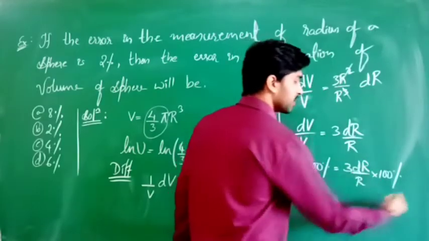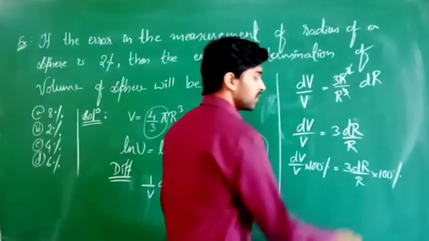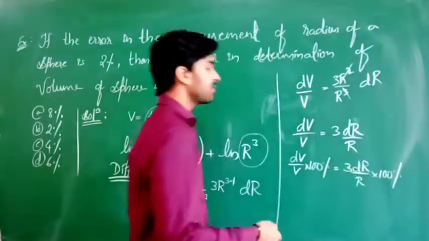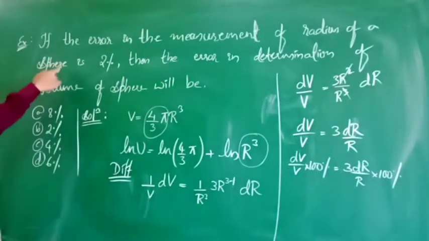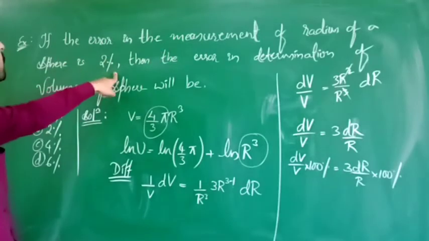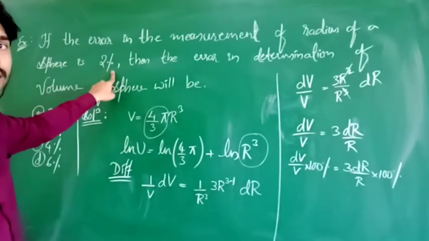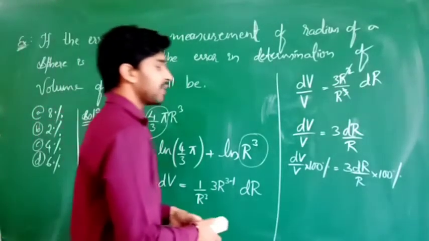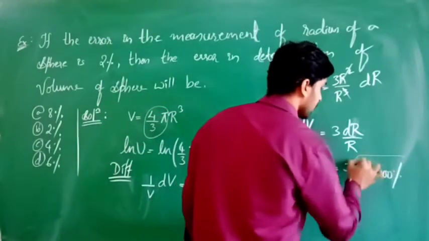This will become the percentage error, correct? The value of dr by r into 100% is given to you. The error in the measurement of the radius of a sphere is 2%, which is nothing but dr by r into 100%.